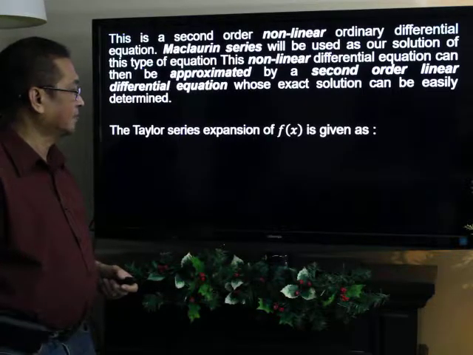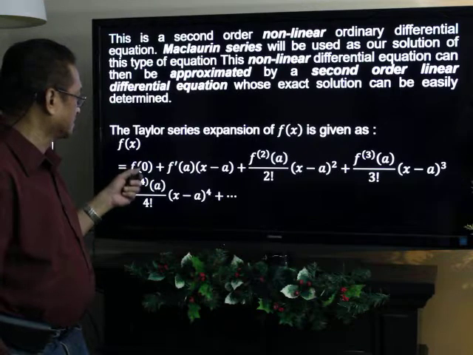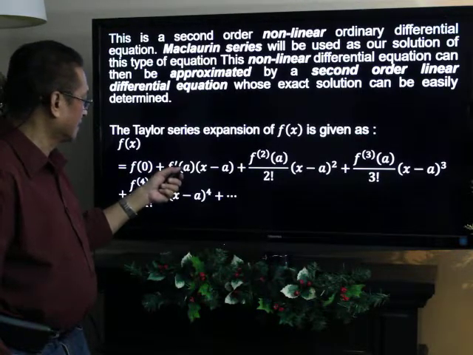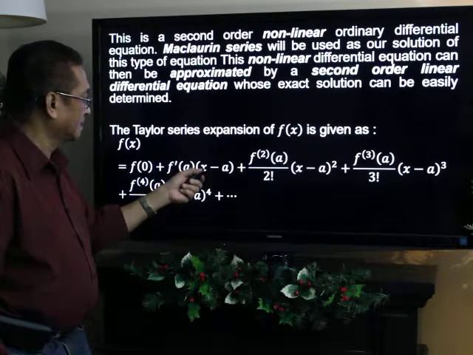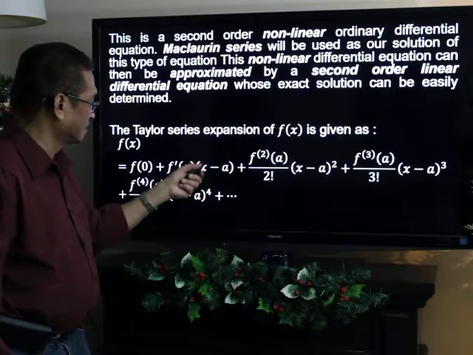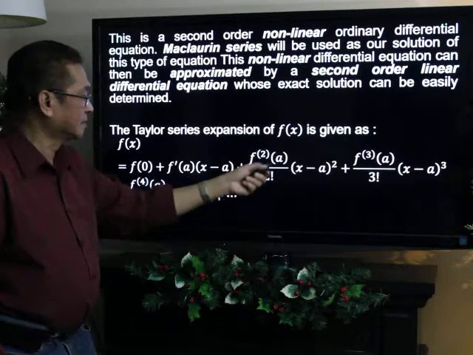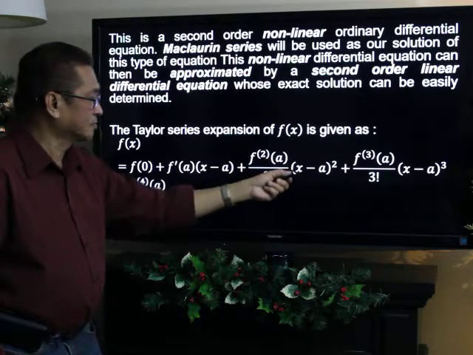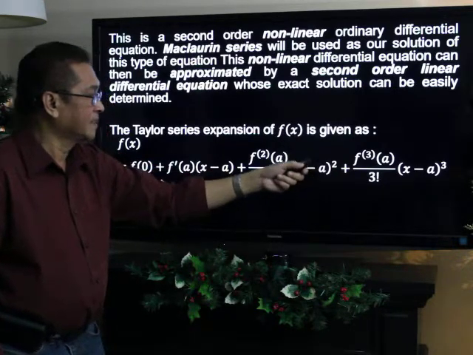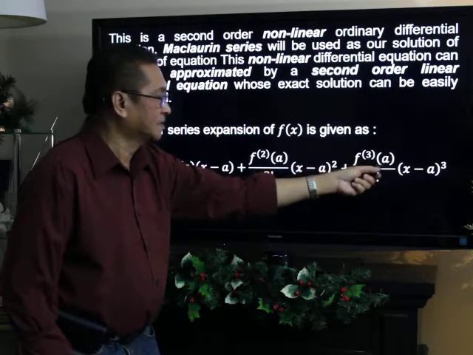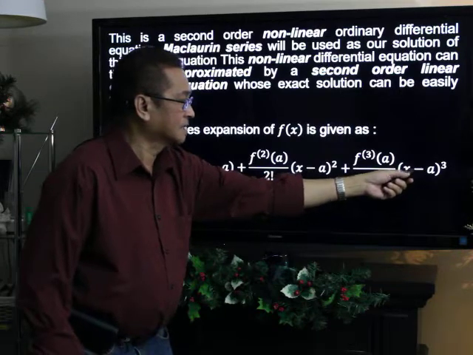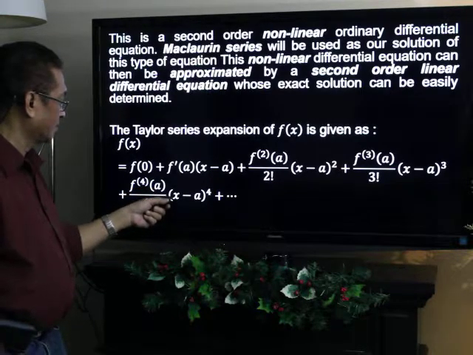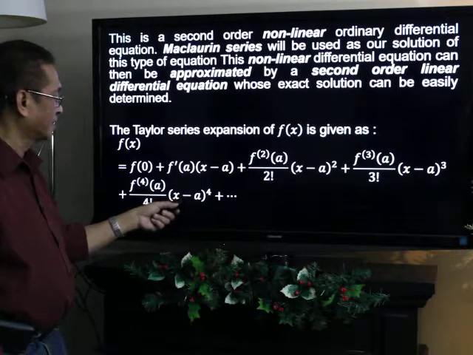So the Taylor series expansion of a function of x is given as the function of x at x equals a, plus the first derivative at a times the expression x minus a, plus the second derivative of the function of x at x equals a, divided by 2 factorial, x minus a squared, and the third derivative of the function at a, divided by 3 factorial, times x minus a cubed, and then the fourth derivative at x equals a, divided by 4 factorial, times x minus a raised to the power 4, and so on and so forth.